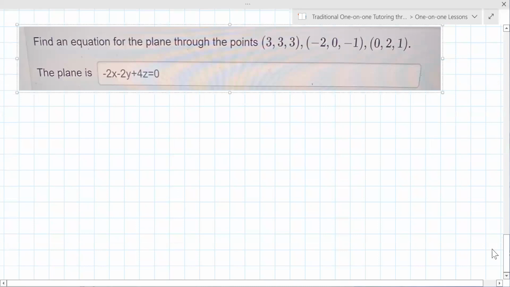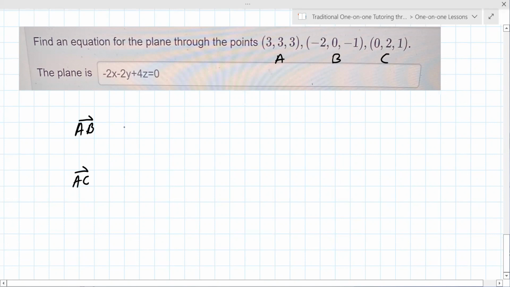Find an equation for the plane through these 3 points. So you can think of them as A, B, and C. Most often you find vectors AB and AC, and then you take the cross product of them.